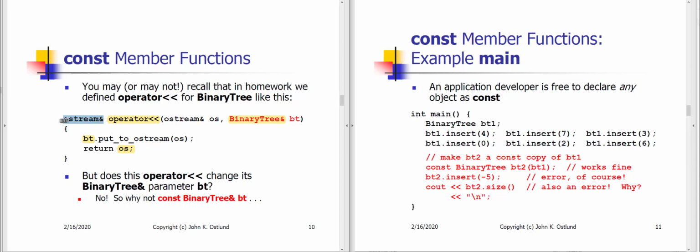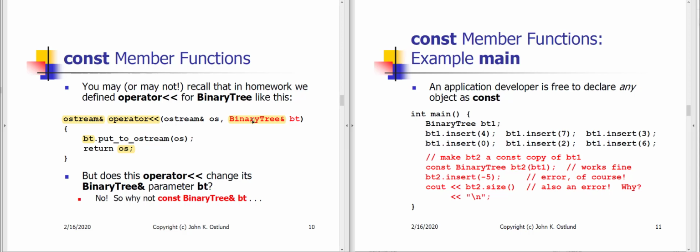We returned a reference to an OStream when we were done, enabling us to chain together a sequence of insert operations. So starting with cout, we could insert a binary tree, and then taking the result of that, which was itself a reference to cout, we could insert a new line character, let's say.